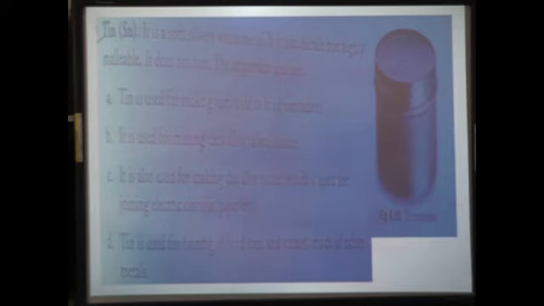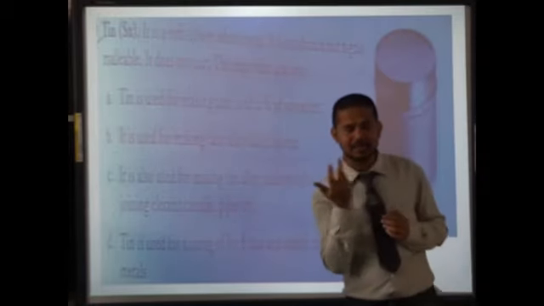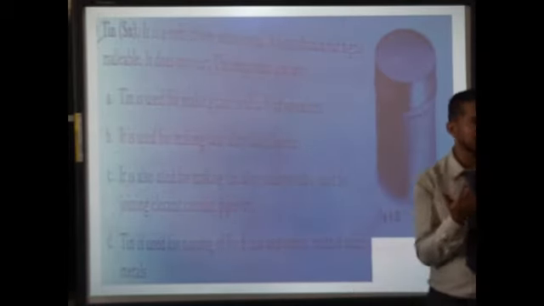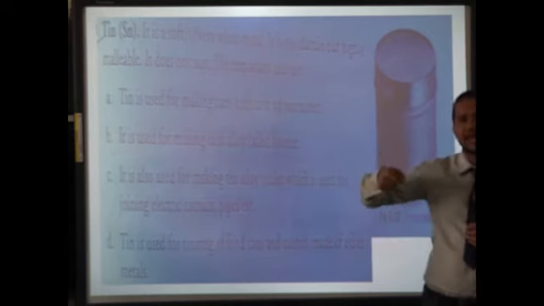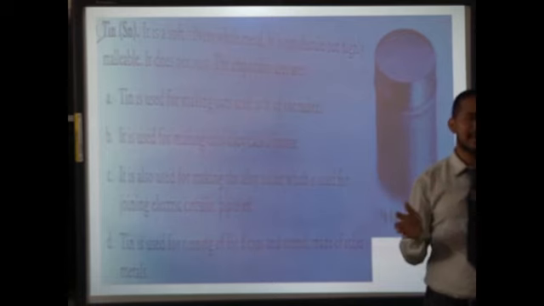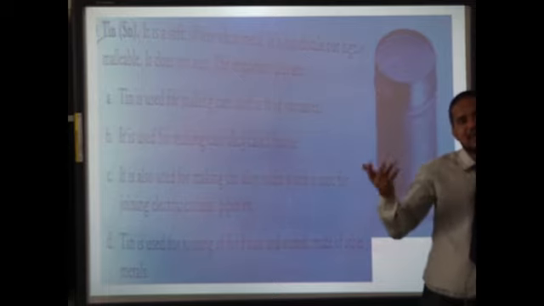The important uses of tin are: tin is used for making cans used as food containers. You can see the inner portion of the tin, such as the big oil can which comes with 15 kg of oil, and even a biscuit tin. That is termed tin, but outside it is not tin.